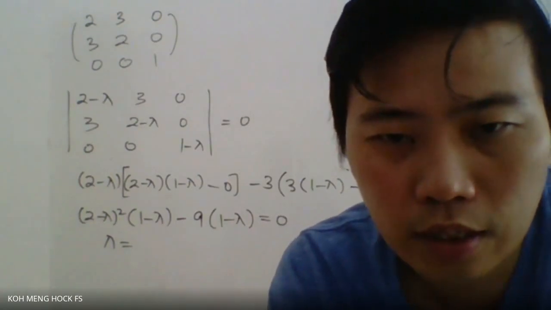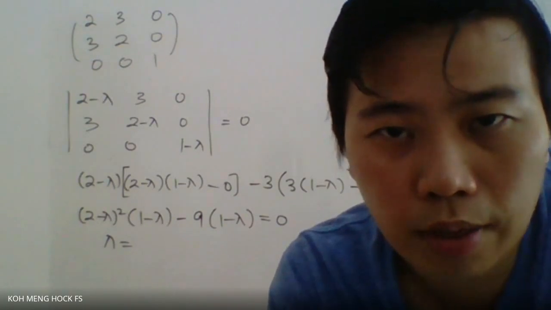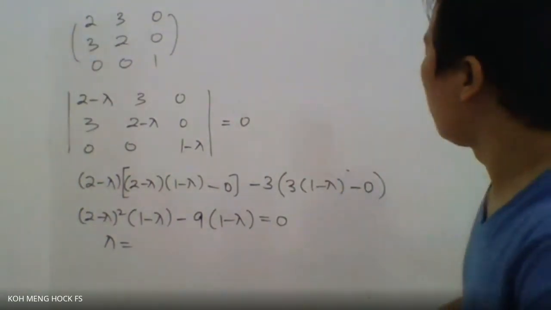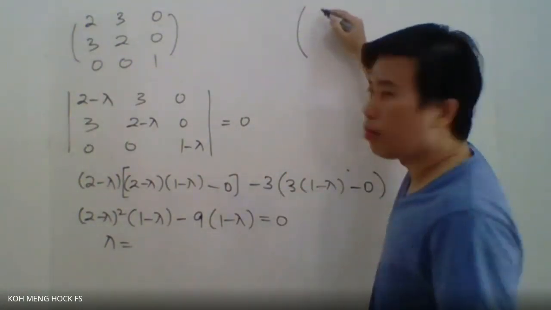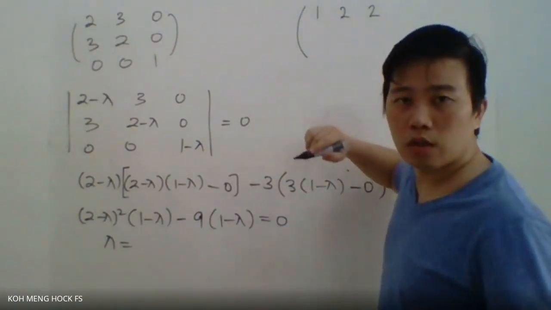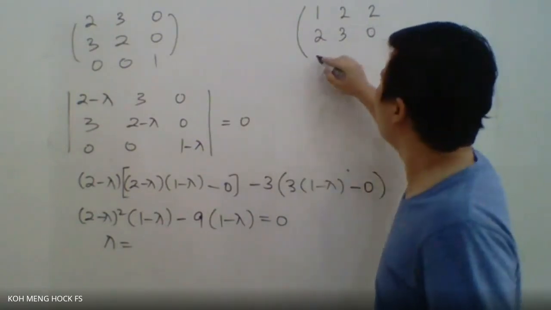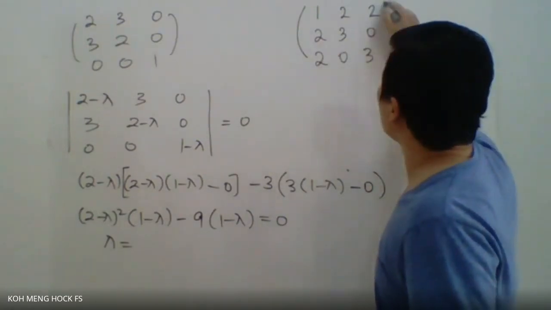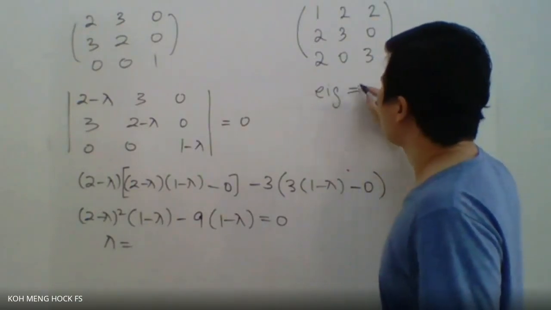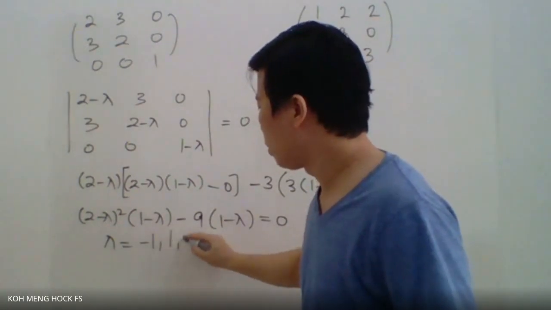Okay, so let's do another one. The next one. What is the answer for the third matrix? Let me write it down here: 1, 2, 2, 2, 3, 0, 2, 0, 3. So what is the eigenvalue? This one you have -1, 1, 5.